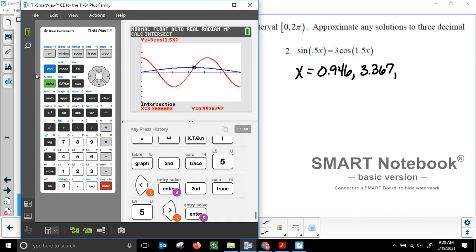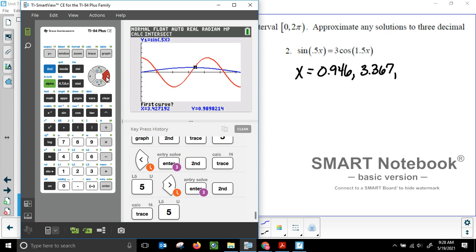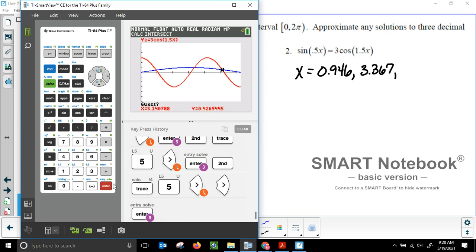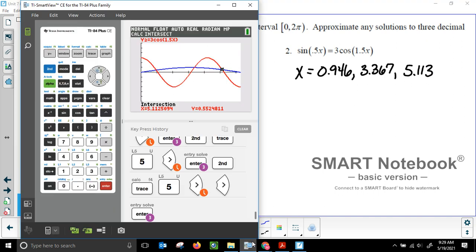And we can do it one more time. 5.113. And we're done. Right, so for these ones, it's just answers, right? Your calculator will get them for you. And we're done.